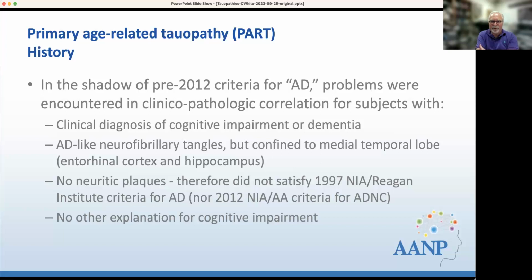And then the neuropathologist would present a case that had Alzheimer neurofibrillary tangles confined to the medial temporal lobes, but in the absence of neuritic plaques. And we would have to say, gee, this patient has some kind of cognitive impairment. We find no other explanation for it, no Lewy bodies, no frontotemporal dementia. But it doesn't meet criteria for Alzheimer's disease, and we don't really have a good term for that.